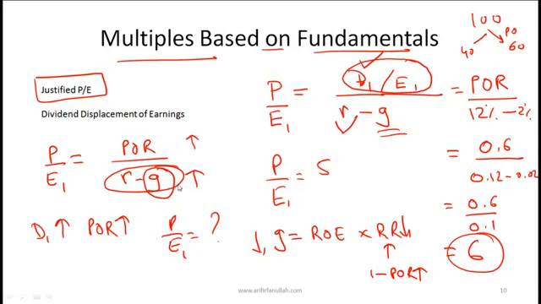So the impact on the earnings and the PE ratio will be ambiguous, and this ambiguity is generally referred to as the dividend displacement of earnings. Higher dividend is good in one sense, but on the other hand it would decrease the growth rate and decrease the future earnings. So that's an important point.